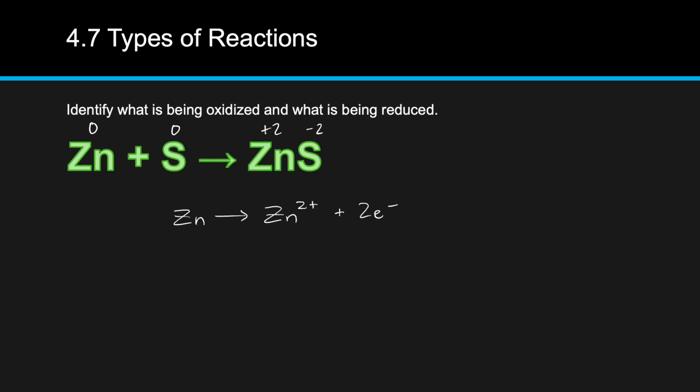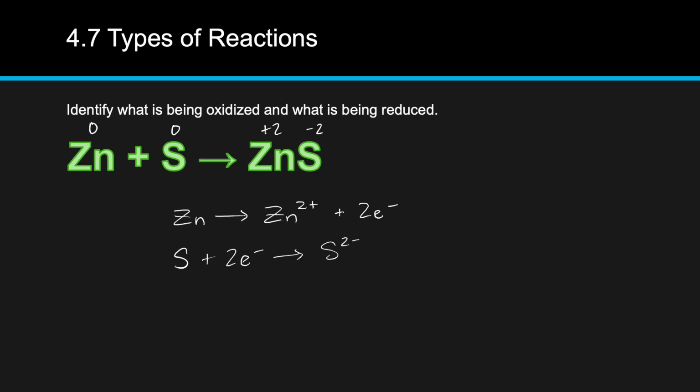So the electrons will be a product because we lost those electrons. And then sulfur gained 2 electrons because it now has an oxidation state of -2, which means the electrons are going to be on the reactant side. So we have sulfur, we're going to add 2 electrons, and that's going to give us sulfur with a 2- charge.